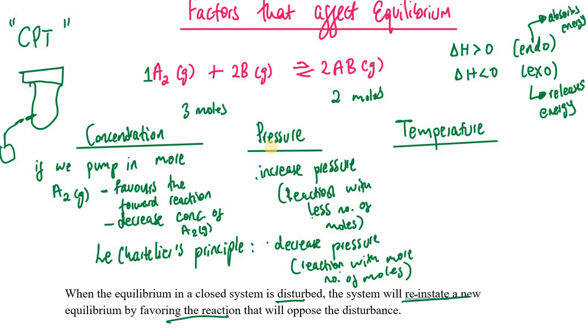Okay? Now, since exothermic reaction releases energy, the container will start to feel warm. Since endo absorbs energy, the container will start to feel cold where the reaction is occurring. So if this reaction is an endo, when you touch the container, it will be cold, because it absorbs energy and keeps it inside, in the bonds.